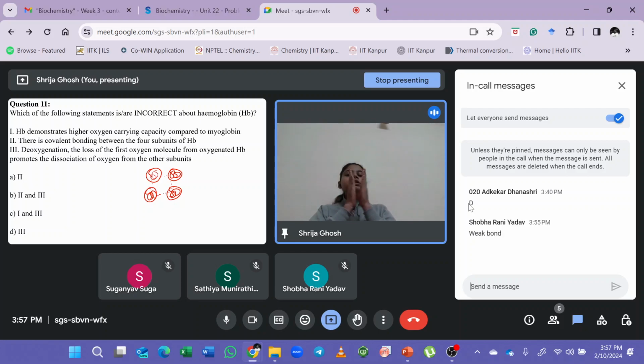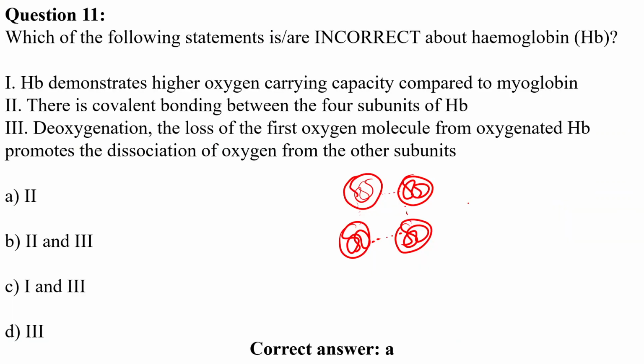Okay, and those subunits are not attached together the way the thread is attached together, right? The subunits are not attached together by any form of covalent bond. They are held together by non-covalent forces. Okay, so that is the incorrect statement. So the answer is option A. There is a covalent bond between 4 subunits of hemoglobin. That is an incorrect statement, because between the subunits of any protein there is generally non-covalent bonding present.